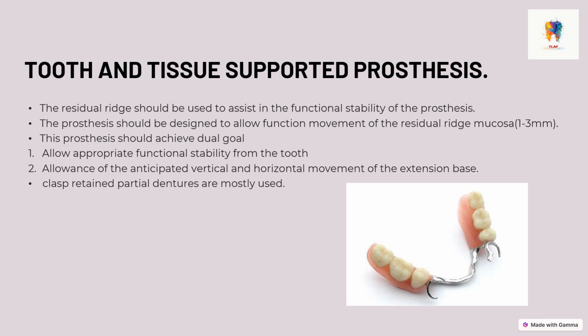So you give them these clasps, these hooks, to make them sit down. So mostly when partial dentures are made, they do have clasps. So these were all the types of removable partial dentures that we studied.